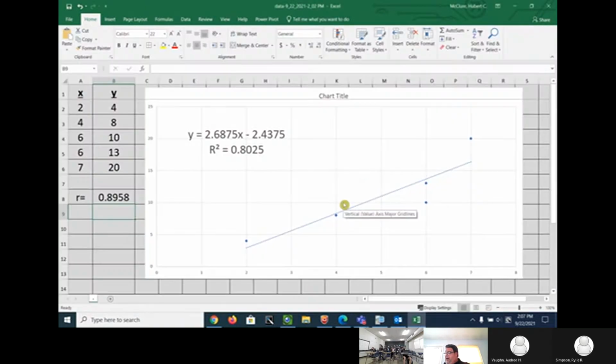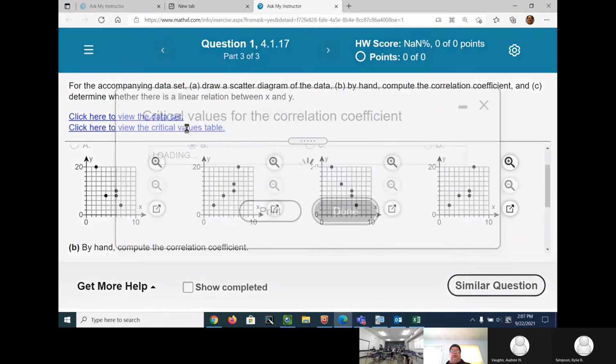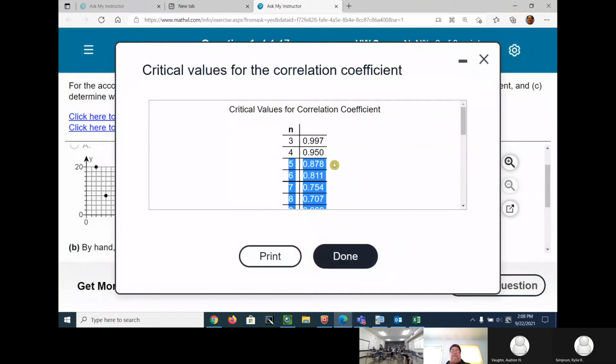And N is equal to 5. We've got 5 points. So now we're going to go back to the critical value. Click here for the critical values. And what is N is equal to 5? 0.878.